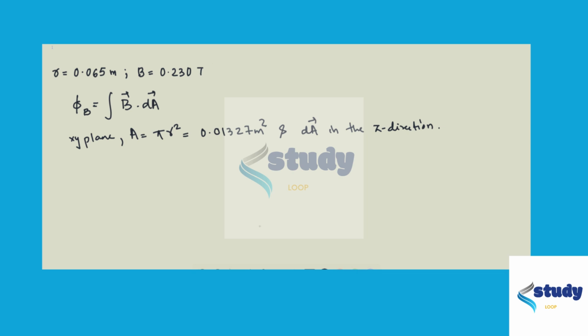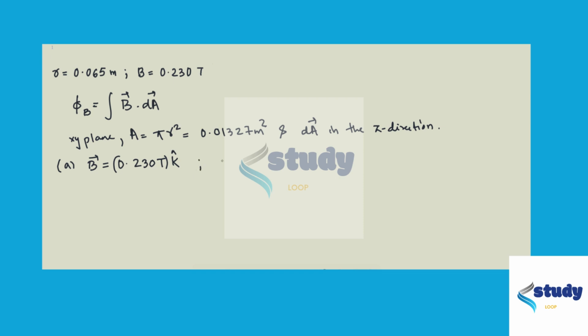Next we use equation 1.18 to calculate this scalar product. For part A, the magnetic field is in the z direction, so we can write this as the magnitude and then the direction given by k cap.